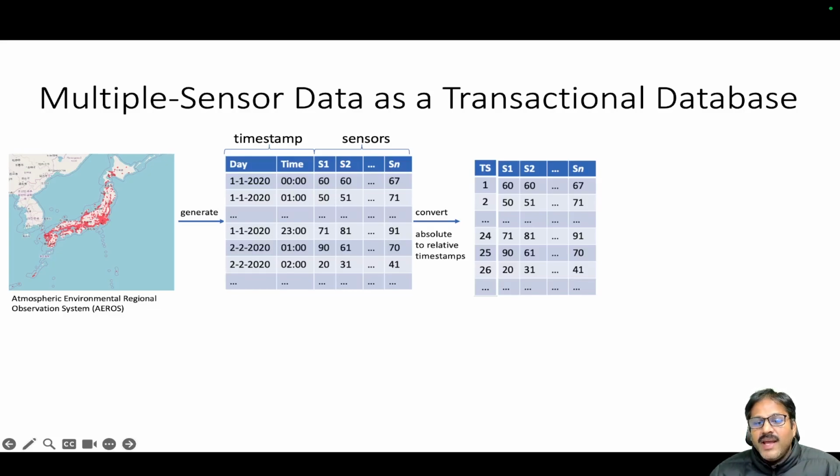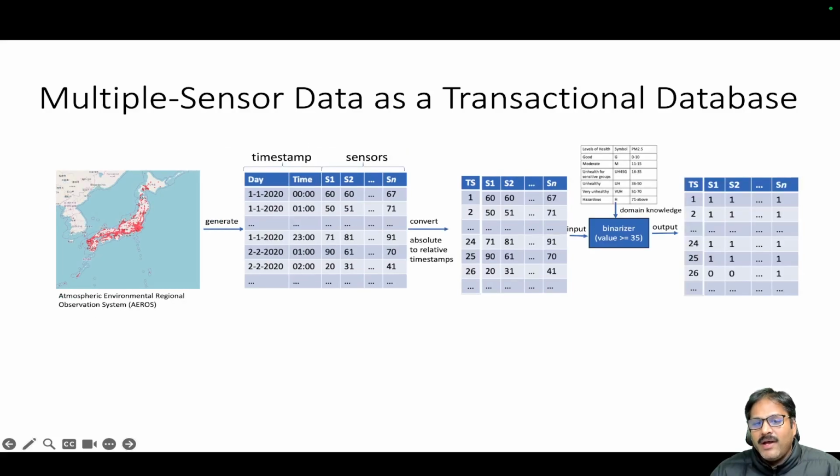Once we create this relative timestamp, we convert this quantitative data into a binary format using domain knowledge. For example, given this data, we already know that PM 2.5 values more than 35 are dangerous to human beings.